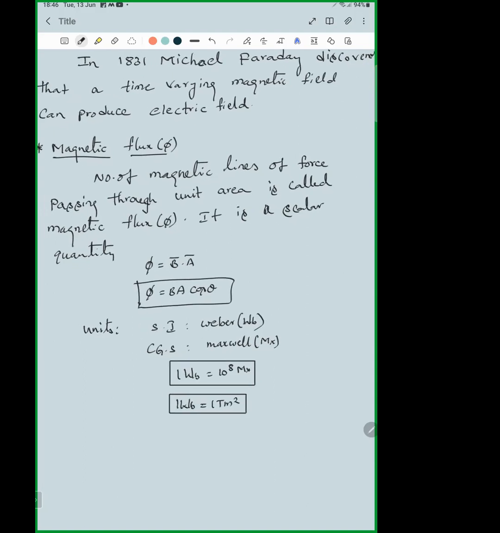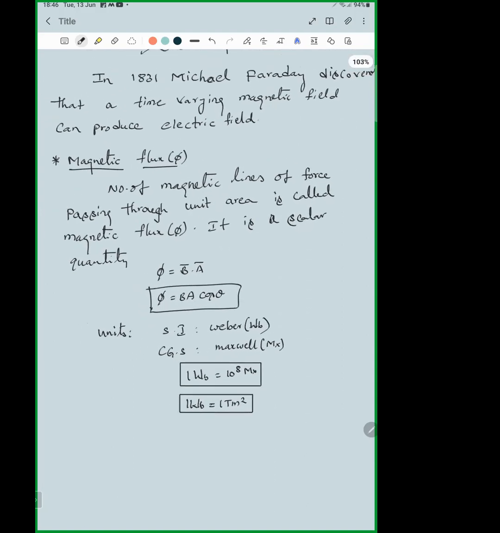Then what is the dimensional formula here? For this, you have to write the dimensional formula. Phi is equal to BA, isn't it? What is the dimensional formula for magnetic field induction?